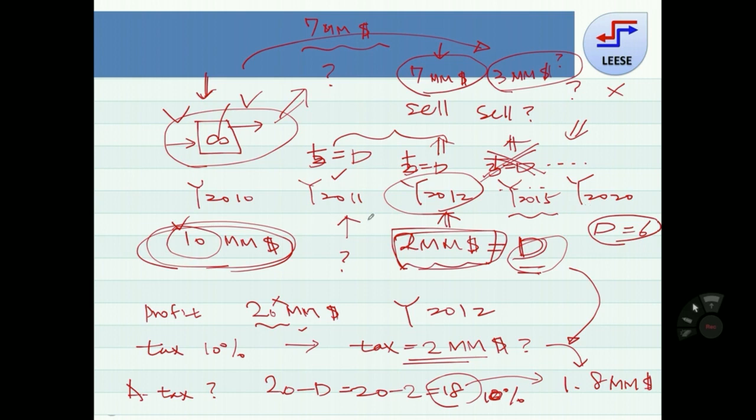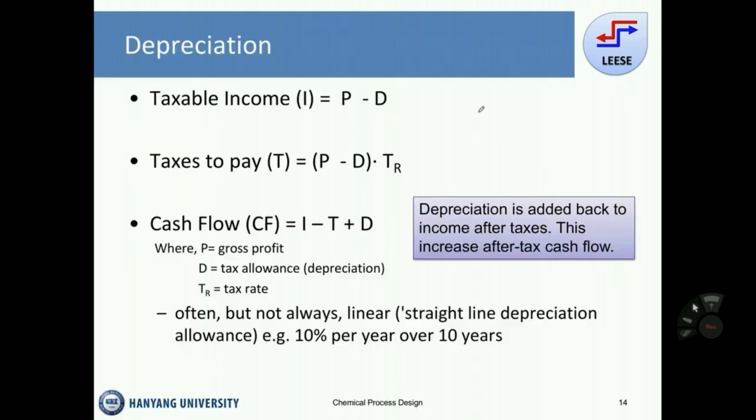So based on the number of years and the cost of the equipment, you need to have some strategy, okay? There are a few equations to calculate the depreciation. P is the profit from your company. Then based on the depreciation, the taxable income will be changed by that equation.